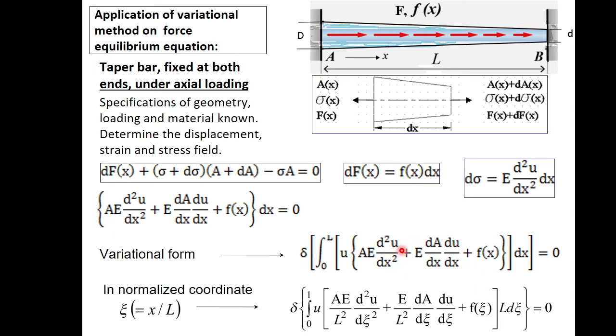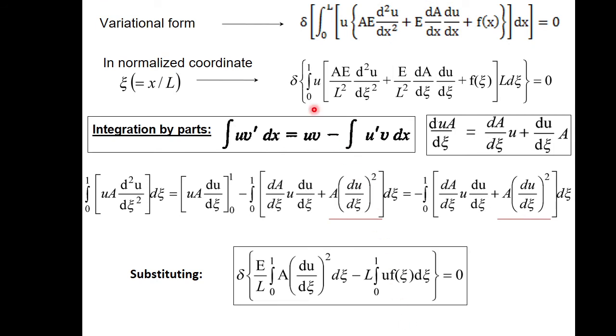So now from here, what happens? This is expressed in normalized coordinate. It will become like this. Then from here, we are integrating by parts this quantity.